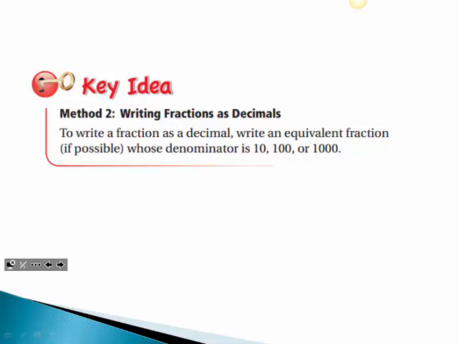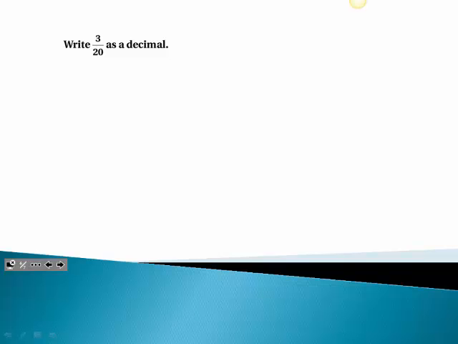The second method to write a fraction as a decimal is to write an equivalent fraction, if possible, whose denominator is 10, 100, or 1,000. Now this one doesn't happen as often. It only works out on occasion. So if you look here, we have 3 over 20, and you're going to ask yourself, can I change my denominator to be 10, 100, 1,000, any one of those place value numbers we did in the last video?